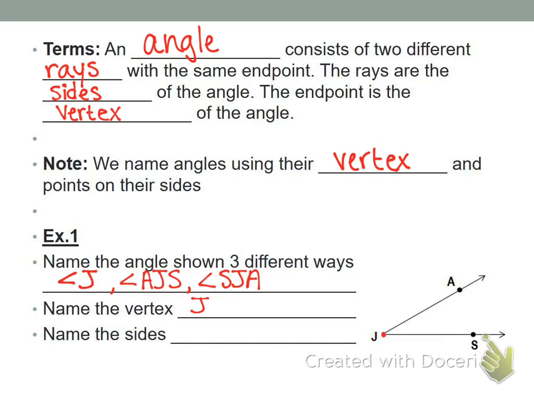So I'm going to put a little ray and another little ray. There are 2 sides. What is one of them? Ray JA, good. Make sure you're starting at the endpoint. The other one would be ray JS. If I were to put ray AJ, is that the same thing? No, you've got to start it at the vertex.